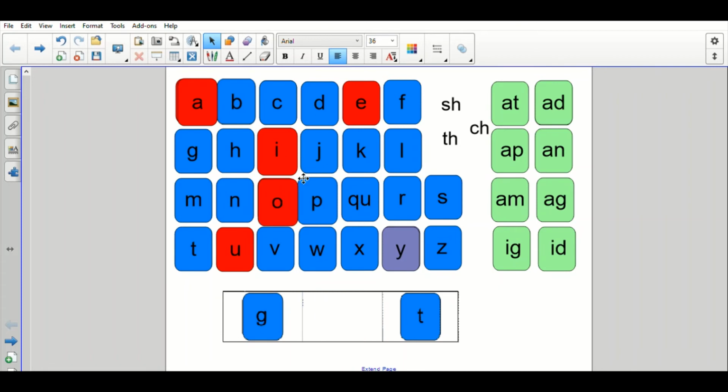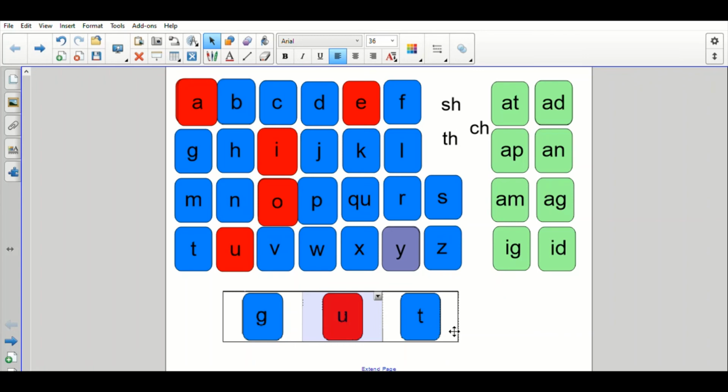Is it A or U? A, alligator, U, umbrella. I hope you put the letter U. Now let's sound it out. Ready? Were you able to read that word? Let's try together. G, u, t. The word is gut. Good job.